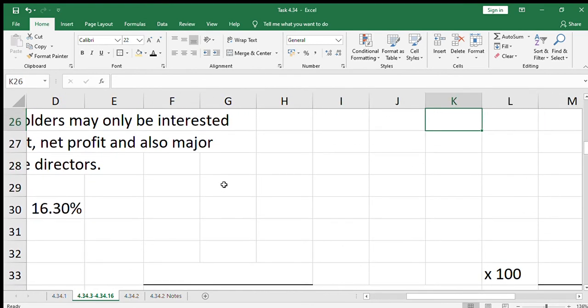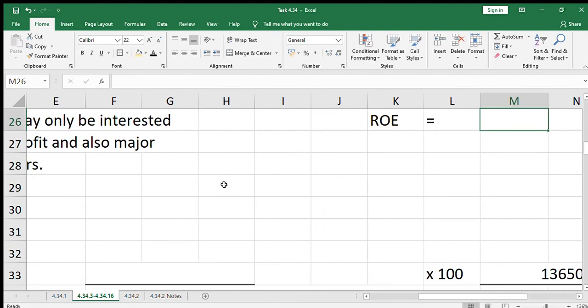Okay, so the return on equity calculation. The return on equity is the net profit after tax, which was 861,000, divided by average shareholders' equity.